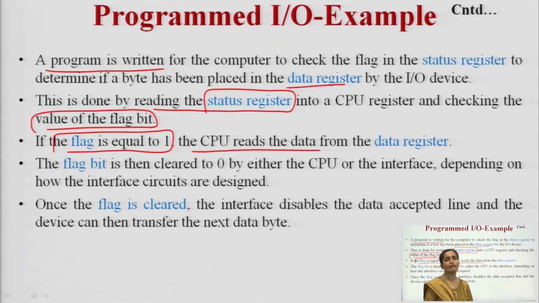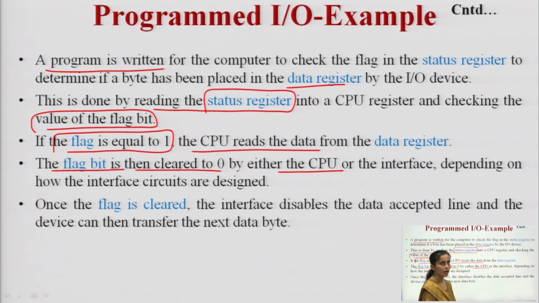Whatever data was being typed or communicated through the IO device to the interface is now being read from the interface by the CPU. After the data is read, that flag is set to 0 for transferring the next byte of data. That is, this flag bit is cleared to 0 by either our CPU or the interface.